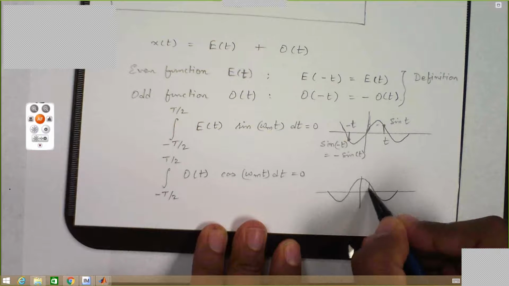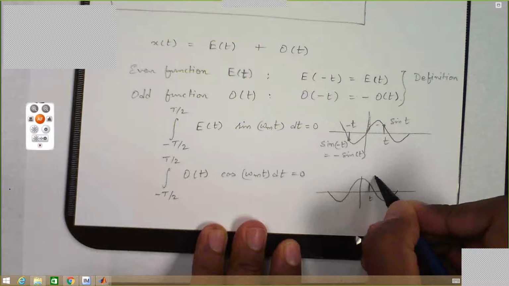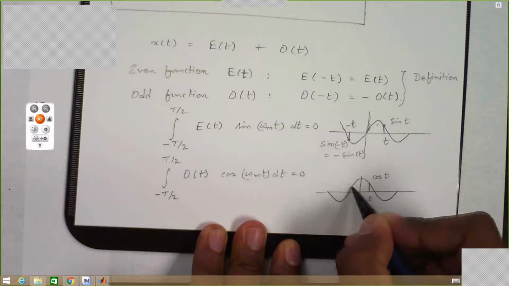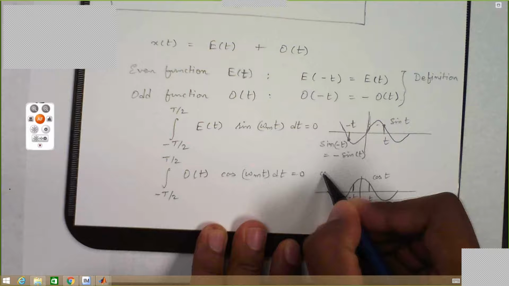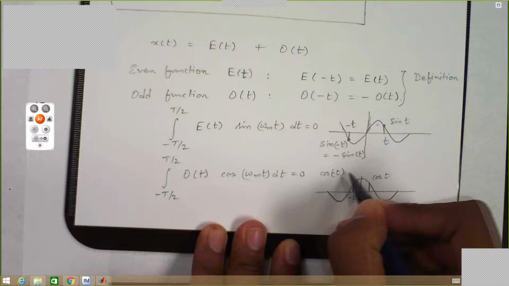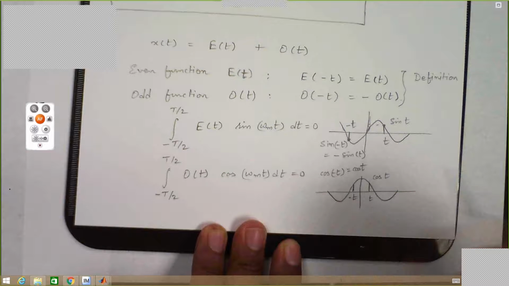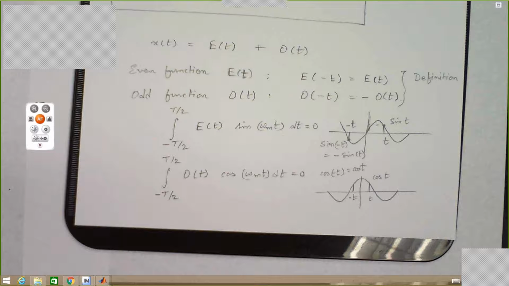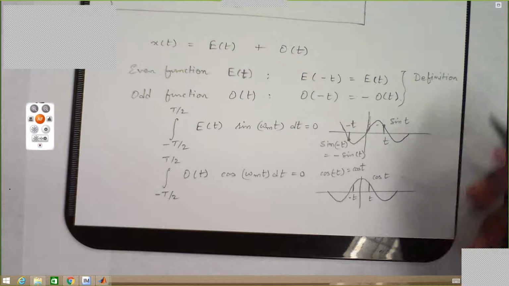At any point t you take, cosine of minus t is equal to cosine of t, so it follows the definition of an even function.